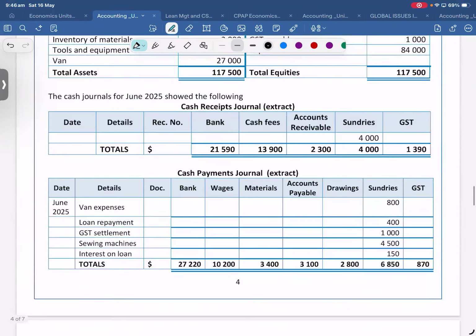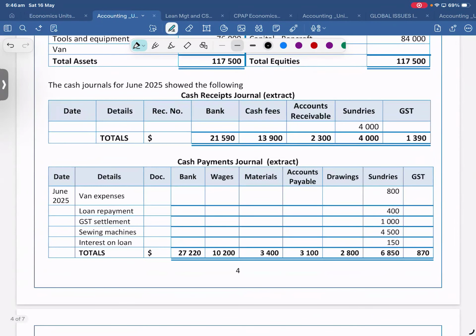Okay, next one. Accounts payable. Is it an expense? Accounts payable is like the organizations that we owe money to. They will have to be paid all that money.